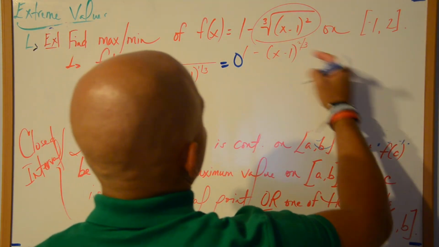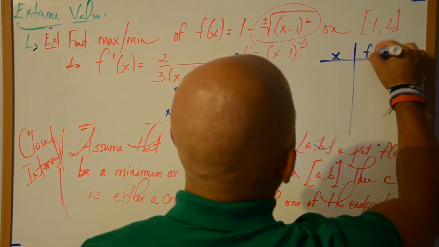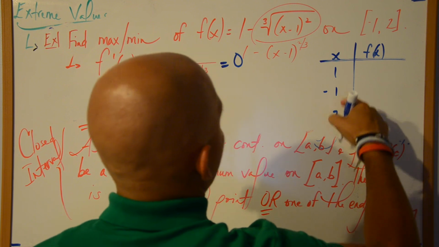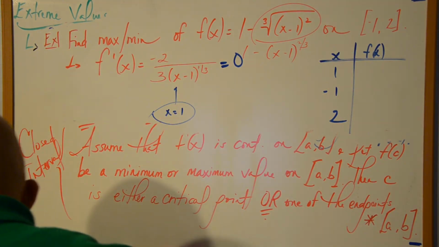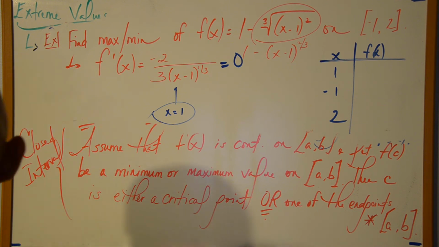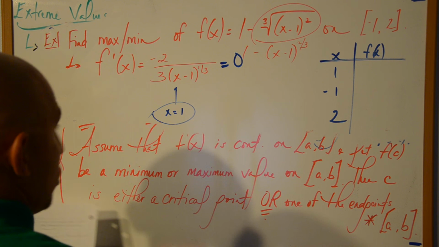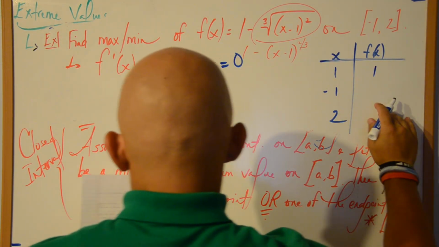If we come back to our main function, when we substitute our endpoints, in addition to x equals 1, since our derivative is undefined at that value: when x is 1, f of x is 1.